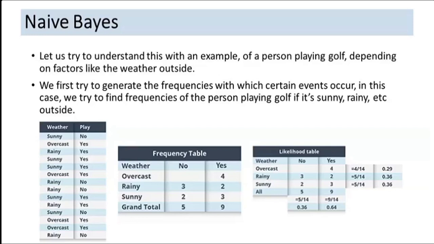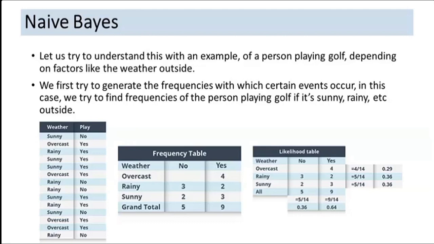Let's consider this example of a person who is playing golf, and depending on factors like what the weather is outside, whether it is sunny, overcast or rainy, it is categorized. First we try to generate the frequencies with which certain events occur.